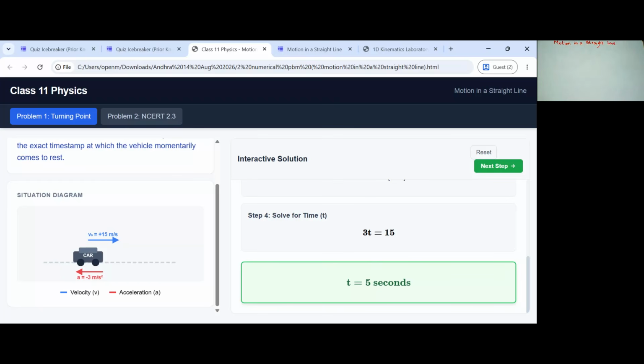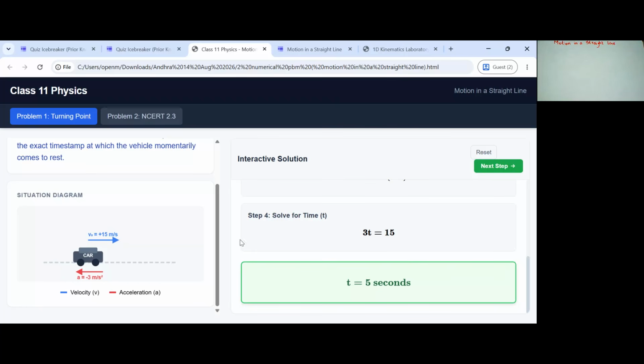But it is momentarily at rest for this velocity and this acceleration at time equal to 5 seconds. At that time, the car momentarily stops. So we get t is equal to 5 seconds. Clear? It takes exactly 5 seconds for the car to stop.